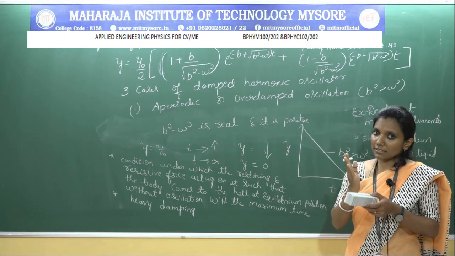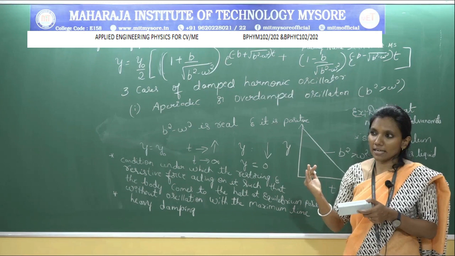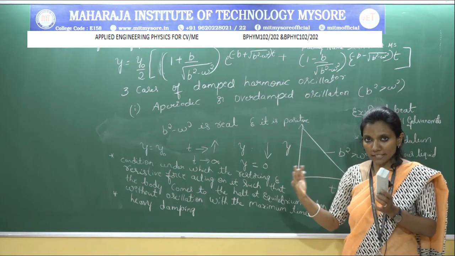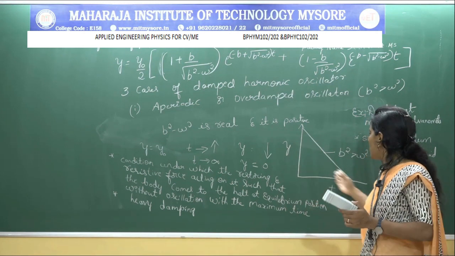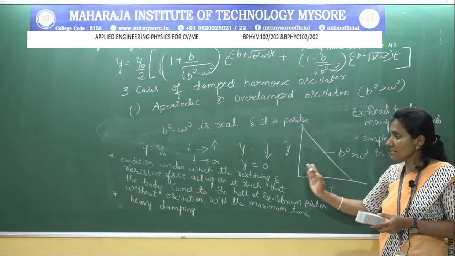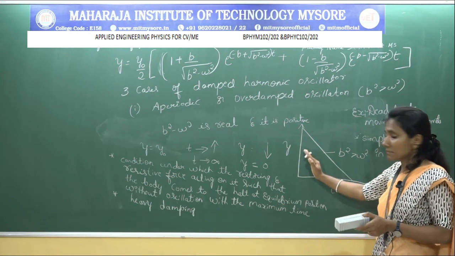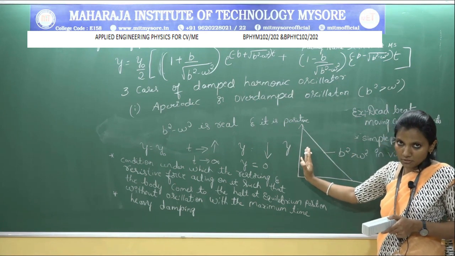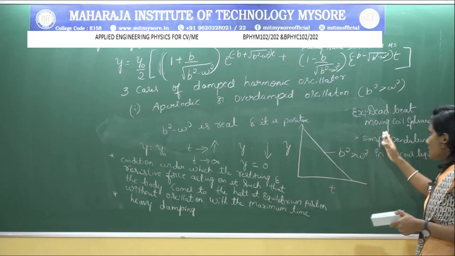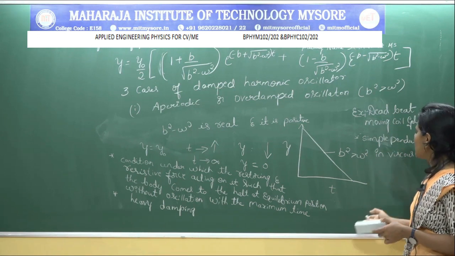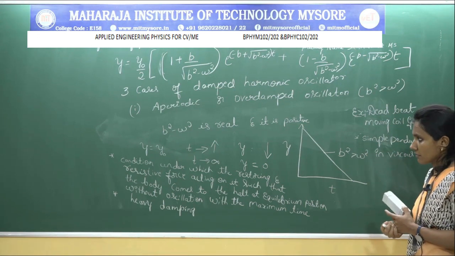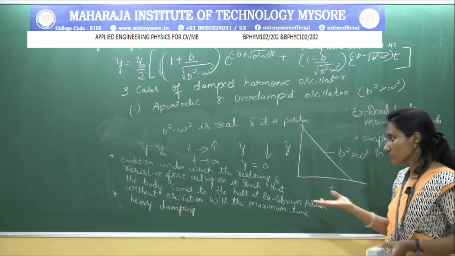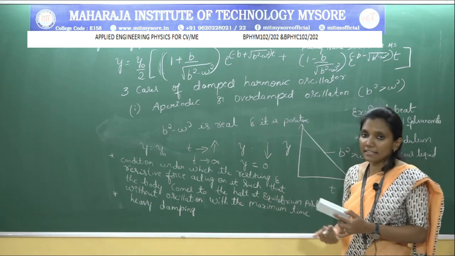The body will move and slowly come back to its mean position. That means it takes the maximum time to come back to its equilibrium position. So these are the examples: dead beat moving coil and simple pendulum in viscous liquid. That's also called heavy damping.